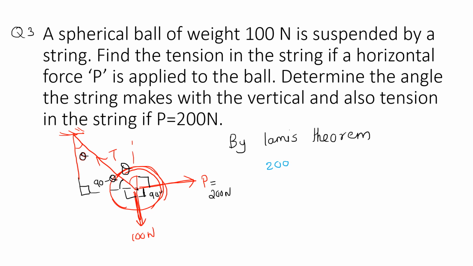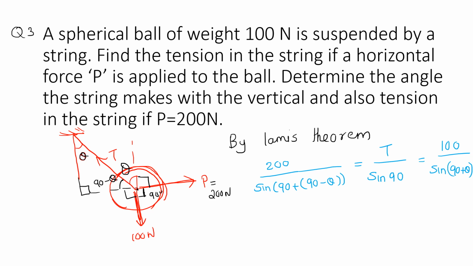So 200 divided by sine of the angle between the other two forces, that is sine of 90 plus 90 minus theta, is equal to tension divided by sine 90, that's equal to weight 100 Newton divided by sine of 90 plus theta. This is sine 180 minus theta.